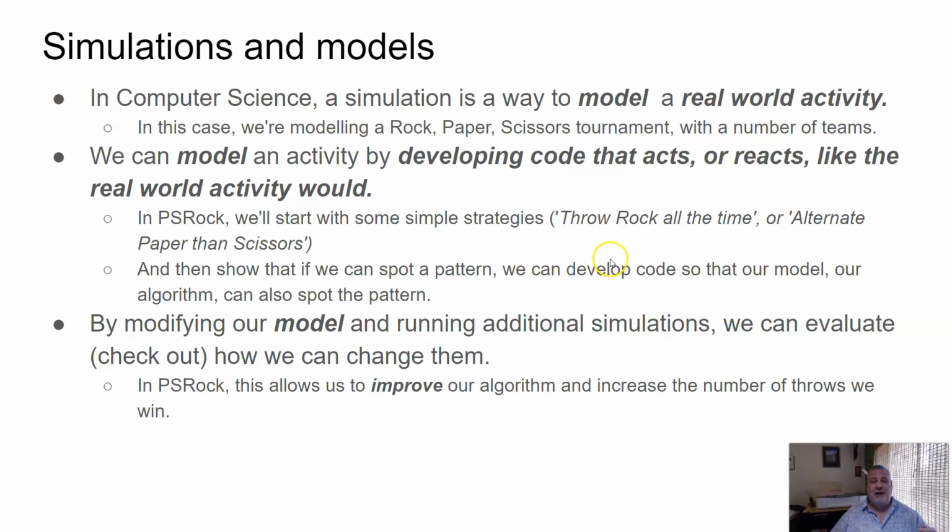Or if you spot that they're always throwing paper then scissors, you can change your moves to beat them and try to win the tournament, right? So by modifying our model and running additional simulations, we can check out how these changes behave, what happens with them, and that will allow us to improve our algorithm and increase the number of throws we win, so we can do better in the tournament.